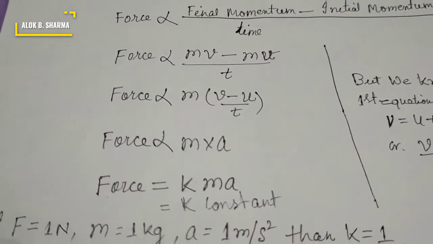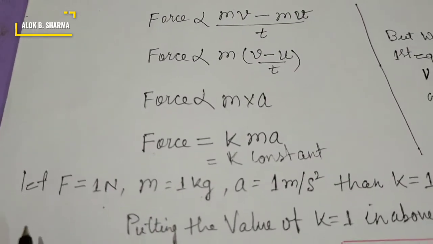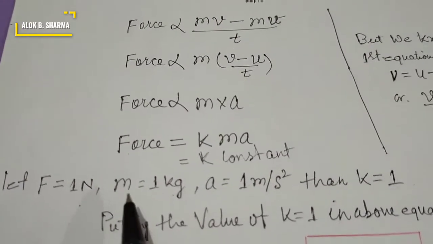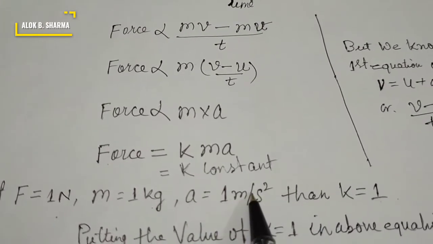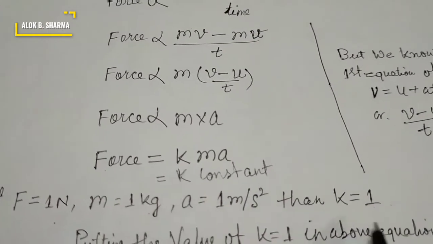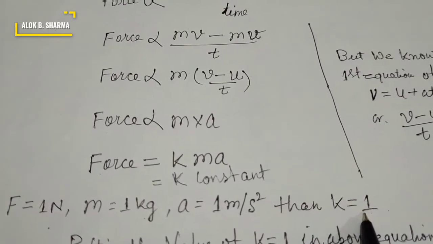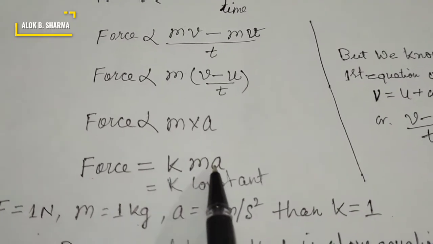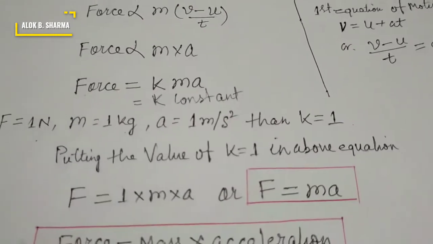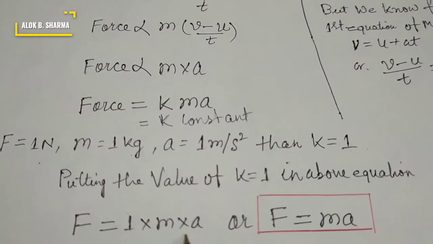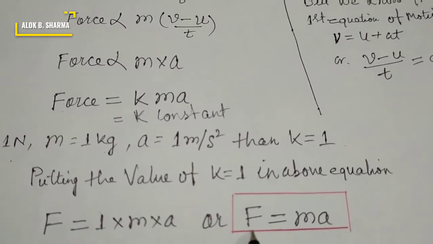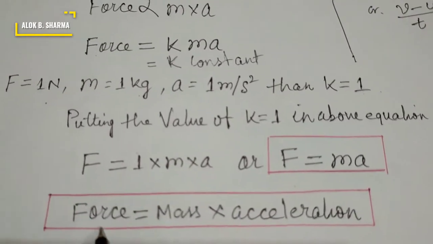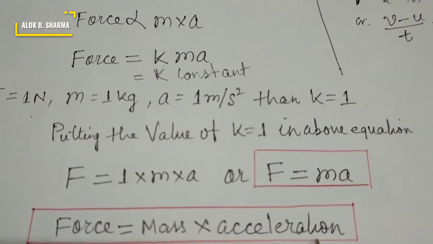Now let force equal 1 Newton, mass equal 1 kg, and acceleration equal 1 meter per second square, then the value of k will be 1. Putting k equal to 1 in the above equation, we get F equals 1 into m into a, or F equals ma. So this is the formula for finding force: force equals mass into acceleration.